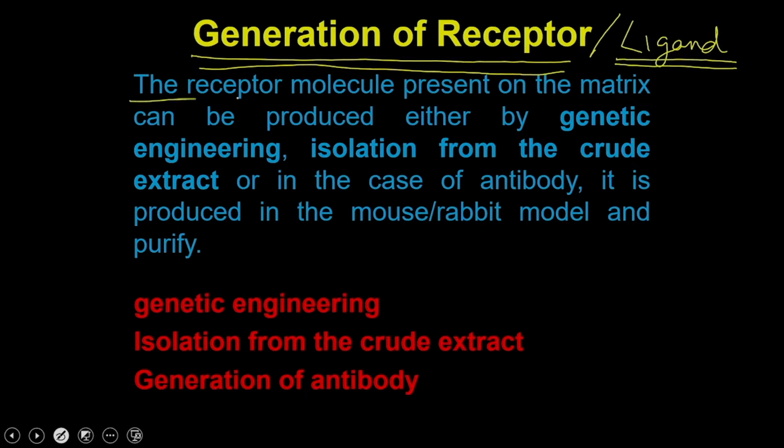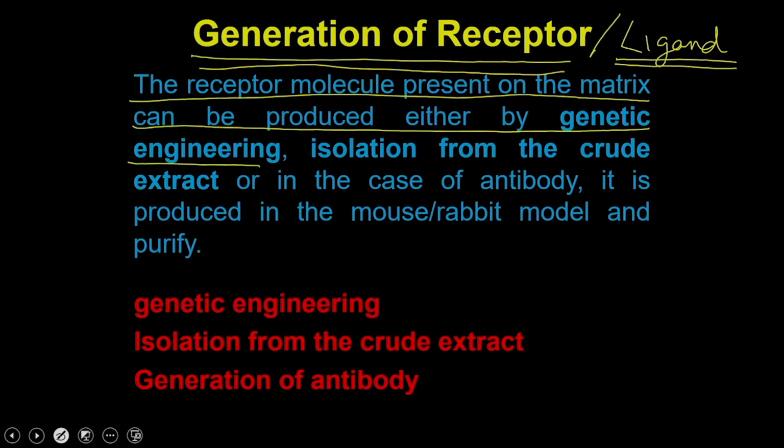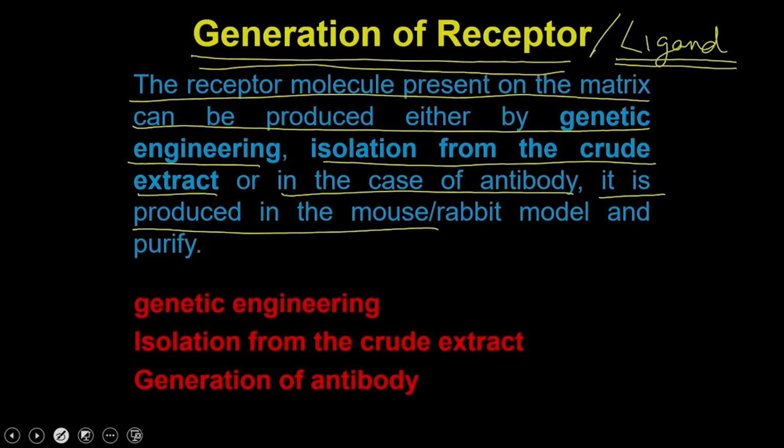The receptor molecule present on the matrix can be produced either by genetic engineering, by isolation from a crude extract, or, in the case of antibodies, by production in a mouse or rabbit model followed by purification. So, you have three options to generate the receptor or the ligands.